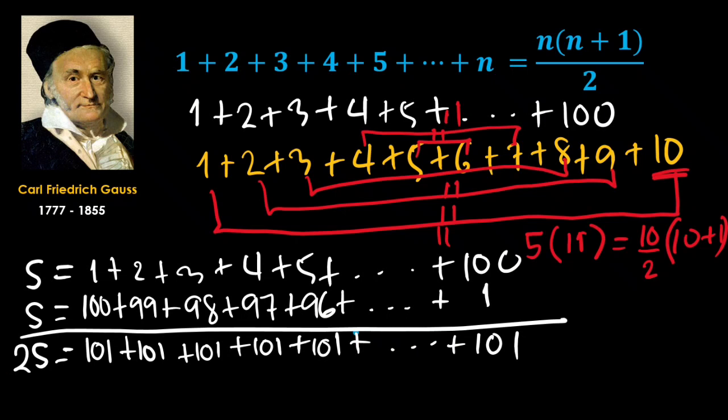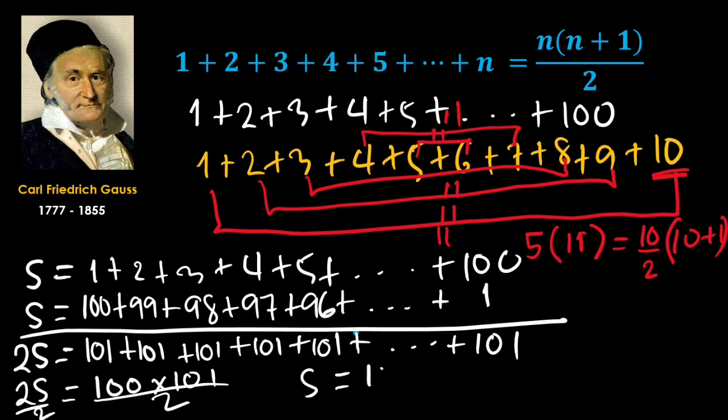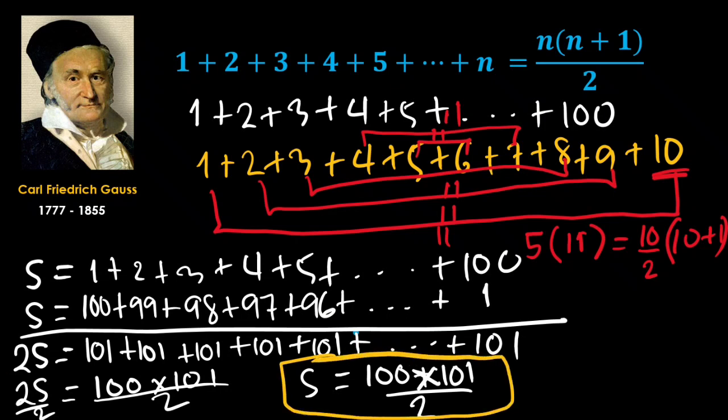That's 1 up to 100, so there are 100, 101. And that's equal to 2S. Now let's divide this by 2. That gives us S equals 100 times 101 over 2. So this is the working formula that Gauss came up with, and that surprised his professor as well.